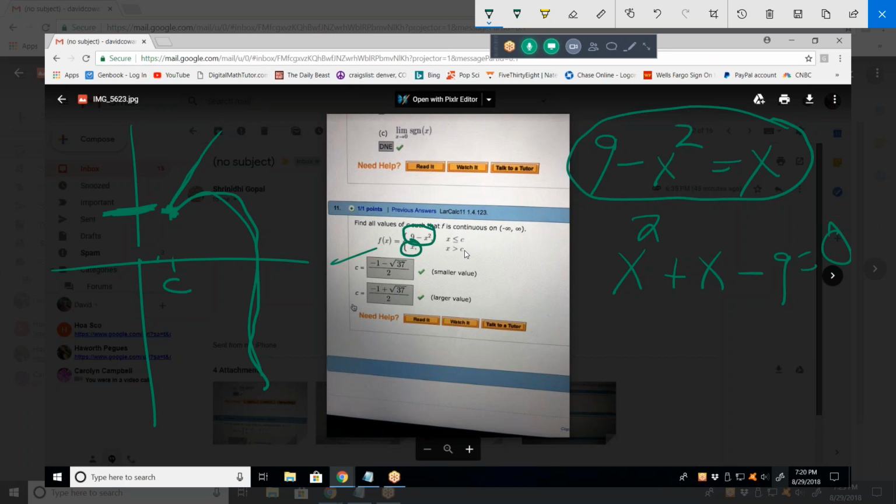If all three of those are not true, then it's not continuous. Notice that if we had the one I keep drawing, the limit from the left is the same as the limit from the right, but the value at that point is not the same as both of those limits. So that is not continuous.